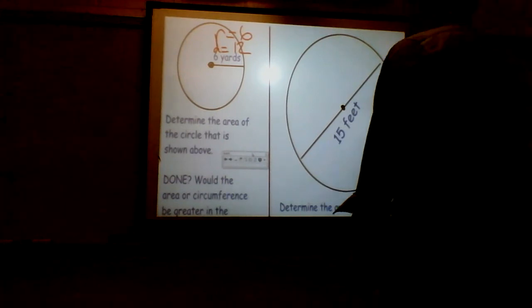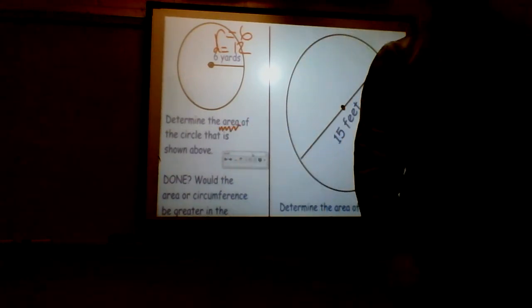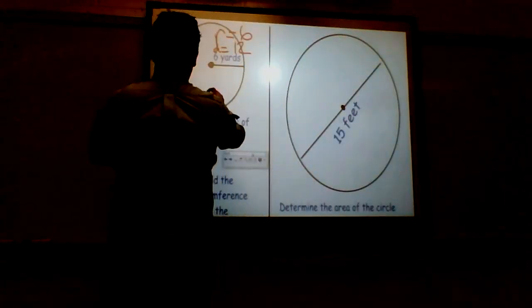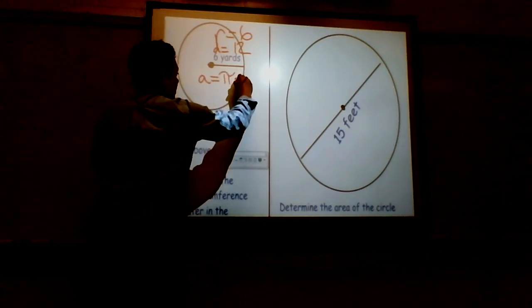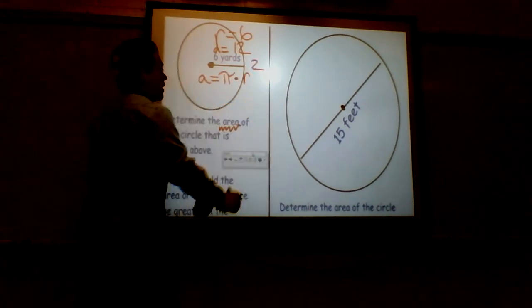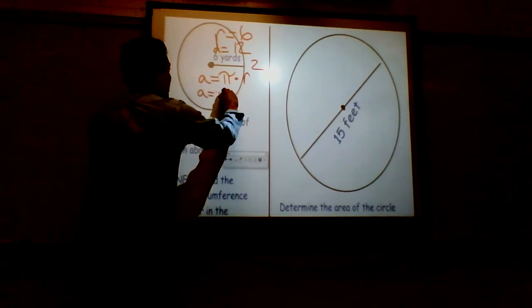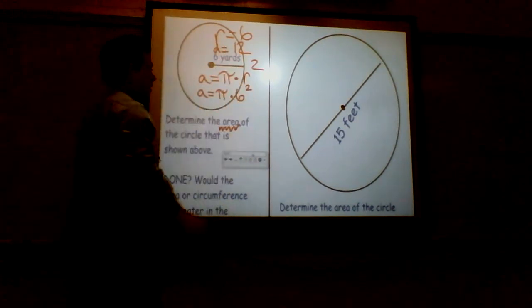The problem wants to know what the area of the circle is. The formula for area of a circle is area equals pi times radius to the second power. So area equals pi times radius, 6 to the second power.